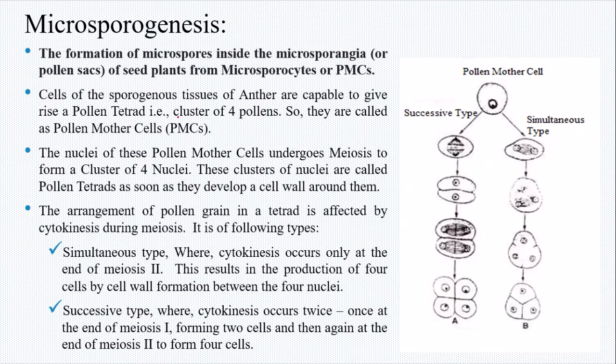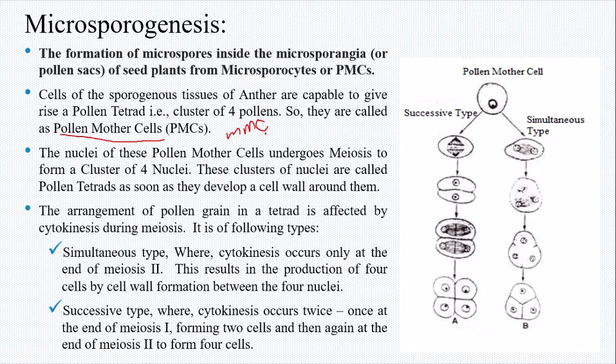Pollen tetrad means a cluster of 4 pollen grains, and hence they act as the pollen mother cells. It is PMC. It is also written as small m-c, that means microspore mother cell.